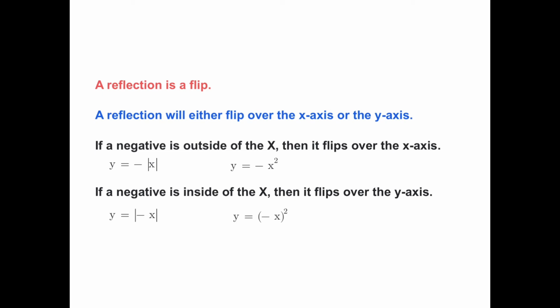So I'm just going to draw a set of axes. And let's do this one. Oh, before we do that, this is your description: flips over the x-axis. I'm going to sketch this one and show you how this looks. Okay? And I'm going to do it a specific way. So normally it would be a V. I'm going to do each side in a different color. I'm hoping this will work.